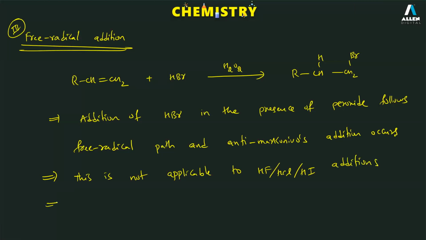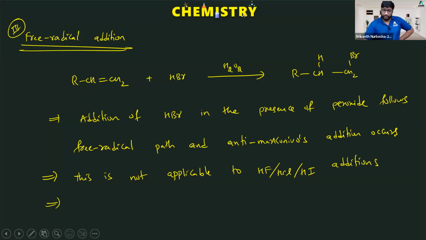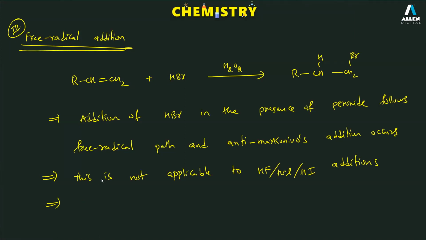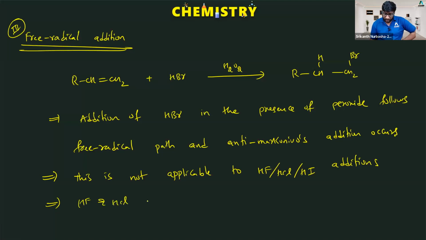HF and HCl have high bond dissociation energy, so free radicals are not obtained easily. But what happens with HI?